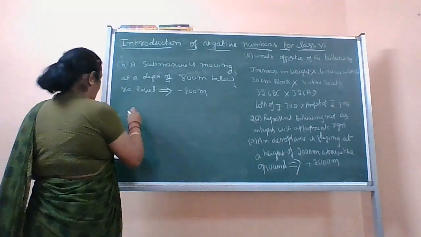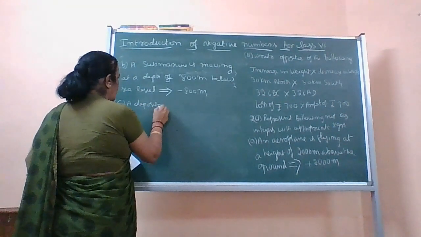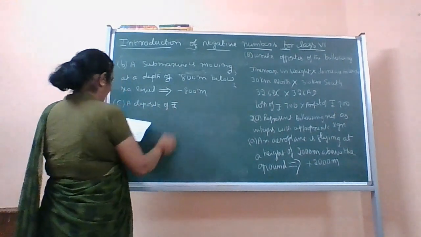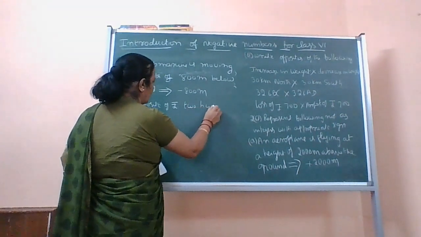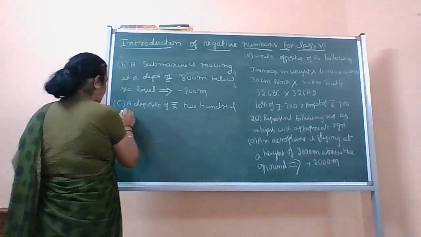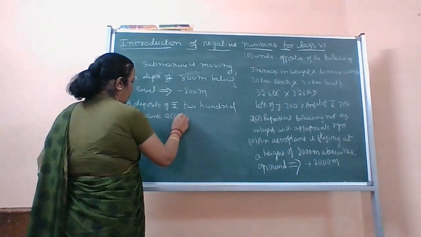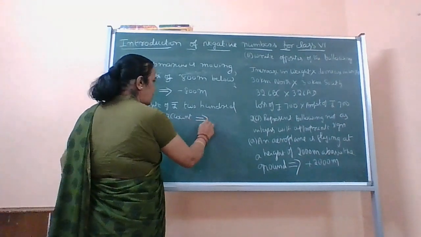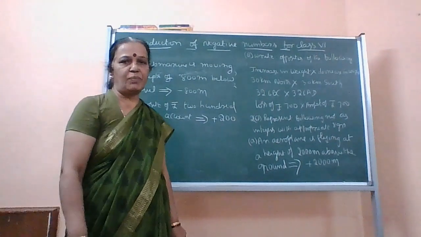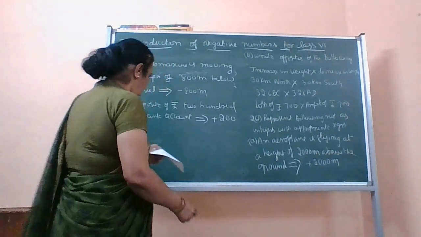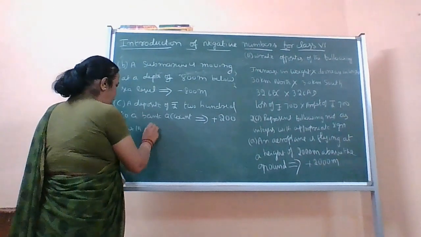And a deposit of rupees 200 to a bank account. That means depositing money to the bank is represented by positive sign, and next is withdrawal of money.